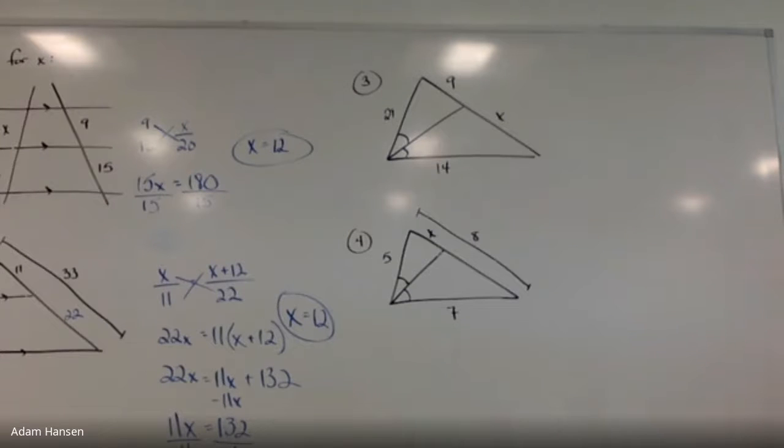On 3, you've got some parts labeled as 21, 9, x, and 14. Write a proportion to solve for x. Same on number 4.